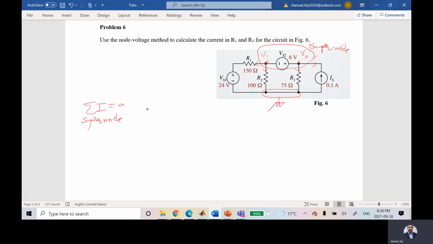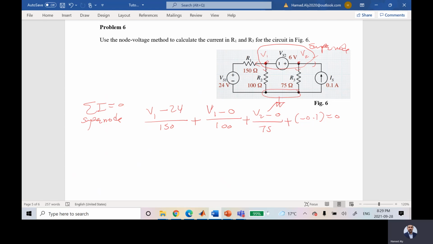So this current is V1 minus 24 divided by 150, plus this current is V1 minus 0 divided by 100, plus this current is V2 minus 0 divided by R3, plus this current, which is negative 0.1, equals 0. I need another equation.